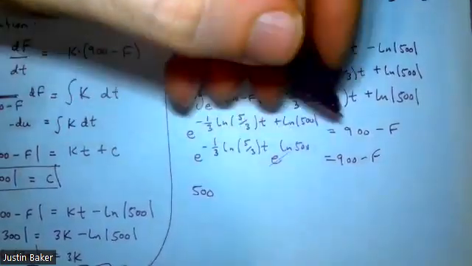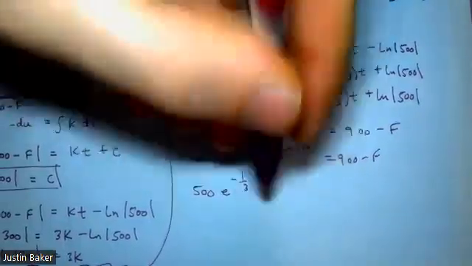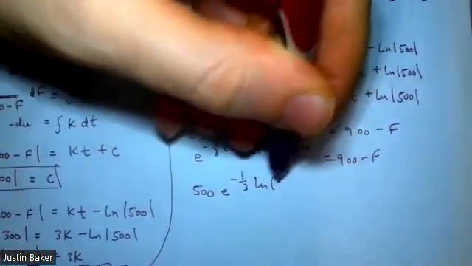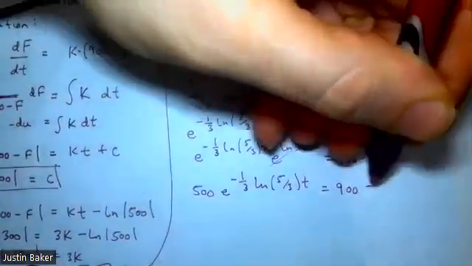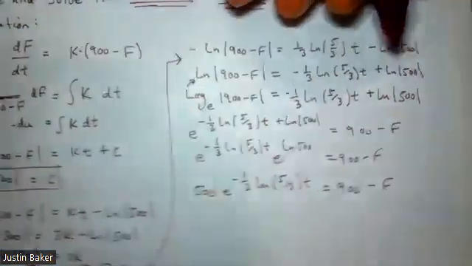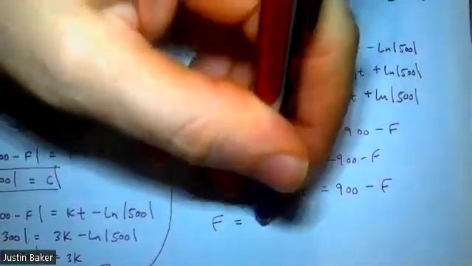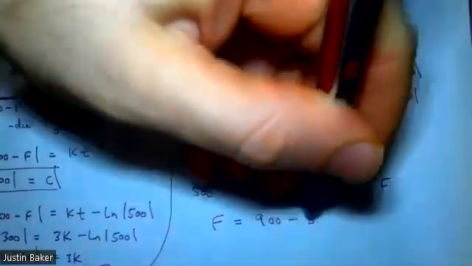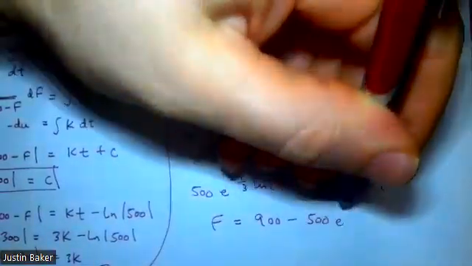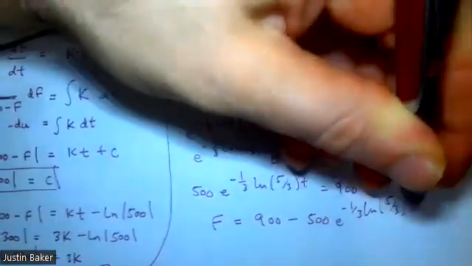Forget about that term and say this is 500 e to the negative 1/3 natural log 5/3 t is equal to 900 minus f. And then to solve this for f, I'm going to add the f over. So f is equal to 900 minus this mess, which is 500 e to the negative 1/3 natural log 5/3 t.